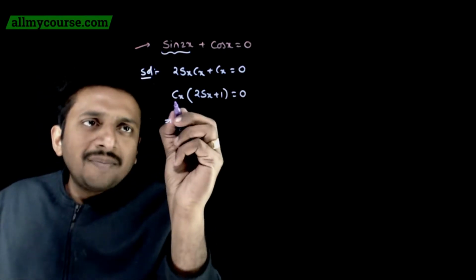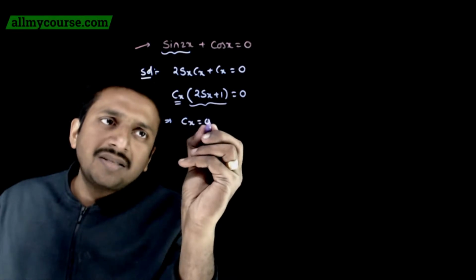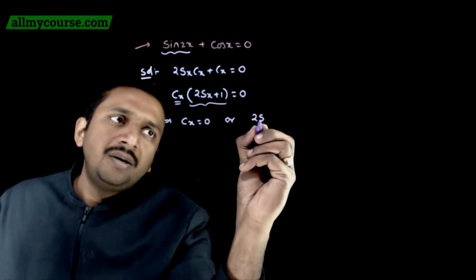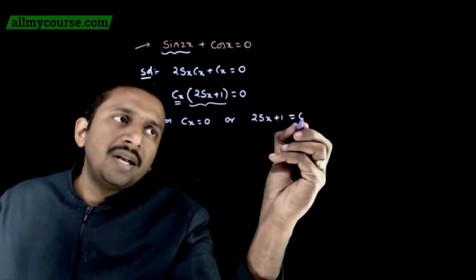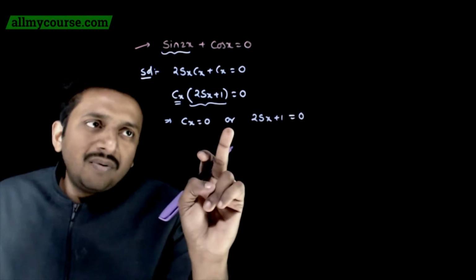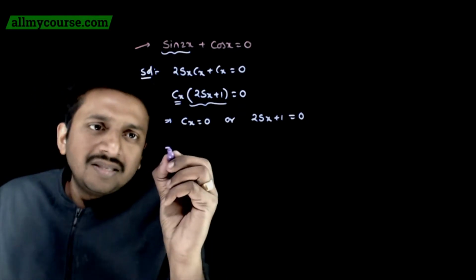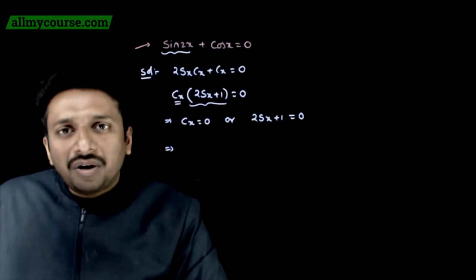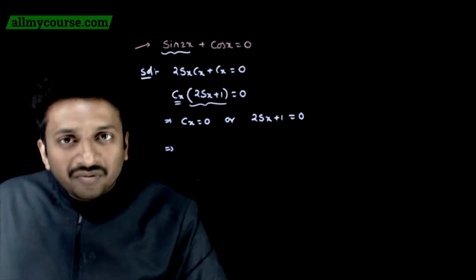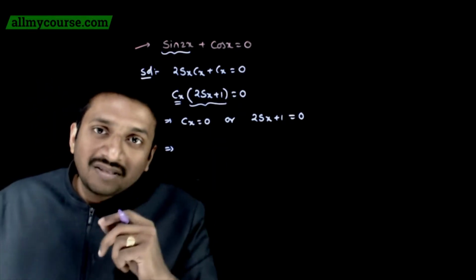Something into something is equal to 0 implies either cos x is equal to 0 or 2 sin x plus 1 is equal to 0. What is the general solution of cos x is equal to 0? We've already derived this: the odd multiples of pi by 2 satisfy this equation.